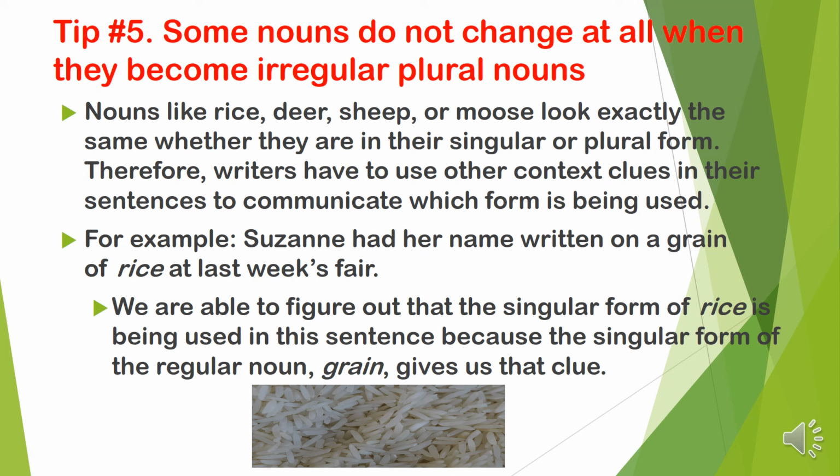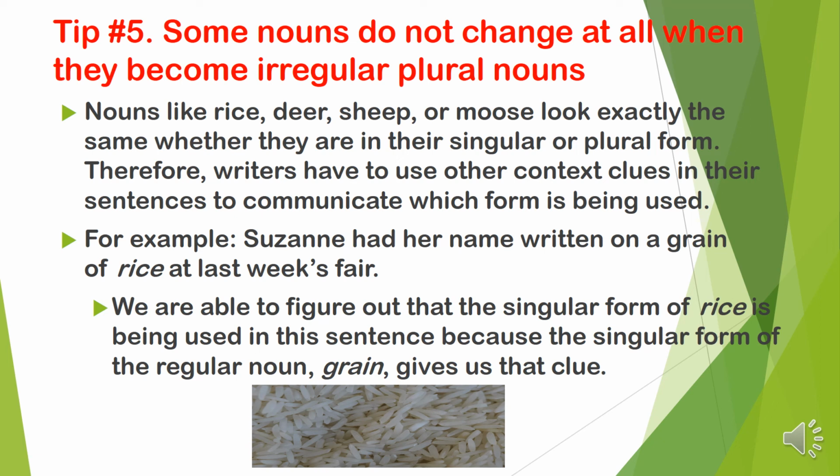Some nouns do not change at all when they become irregular plural nouns. Nouns like rice, deer, or sheep look exactly the same whether they are in their singular or plural form. Therefore, my dear students, writers have to use other context clues in their sentences to communicate which form is being used.